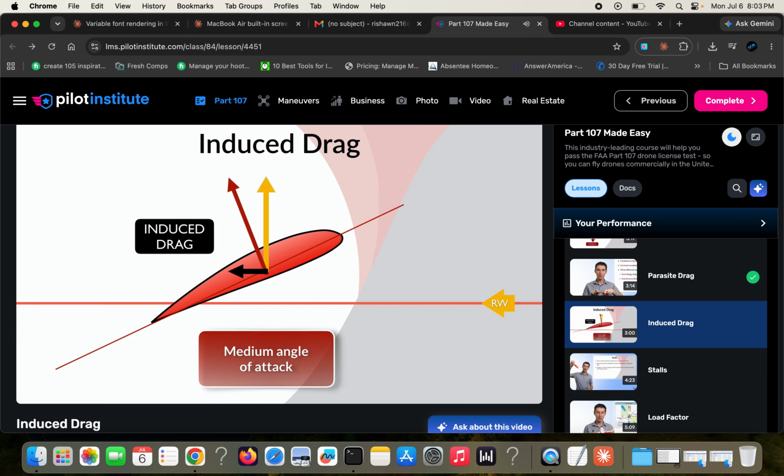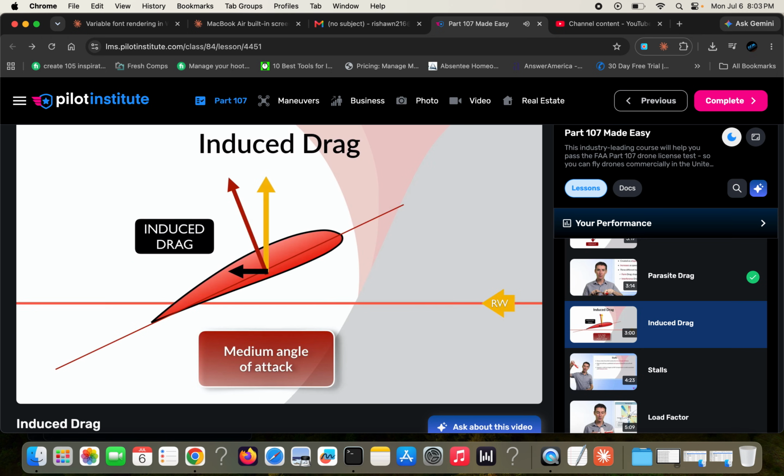Now you notice what I did is I kept the lift, the orange vector, the same because we have to maintain the same altitude here. So we are creating, for the same amount of lift, more resultant force and also more induced drag at a high angle of attack. Let's go to the critical angle of attack right here, very high angle of attack at a much slower speed.